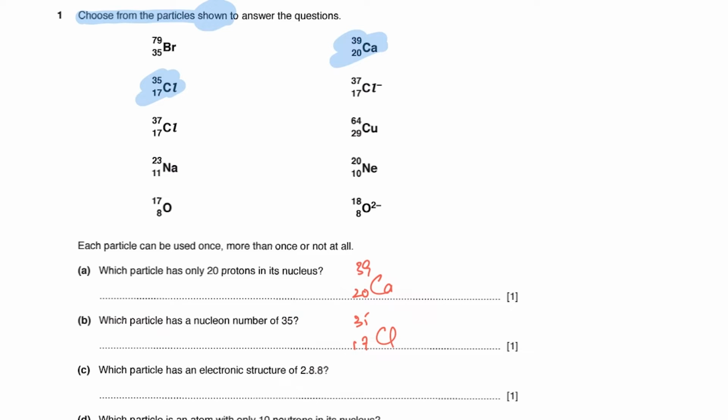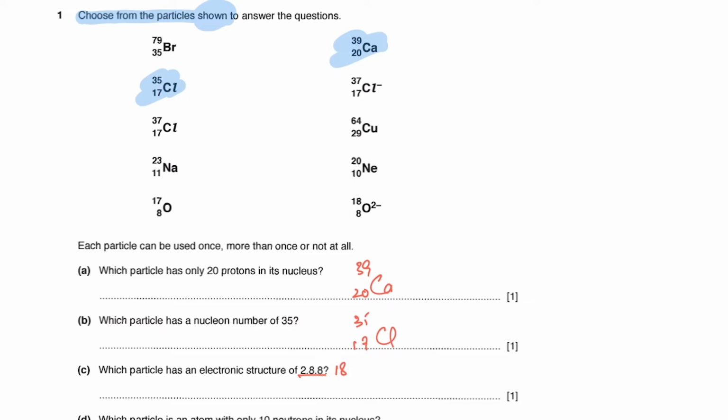Which particle has an electronic structure of 2, 8, 8? Again, you're looking for something with 18 electrons. That could be something that has gained some electrons, lost some electrons, or has 18 naturally. So we'll have to look at these. Looking at this, the first 3 can't be because they all have different proton numbers and they're neutral.